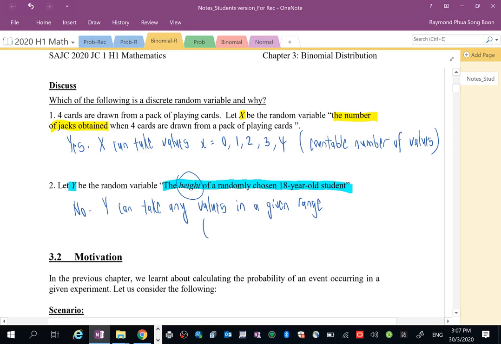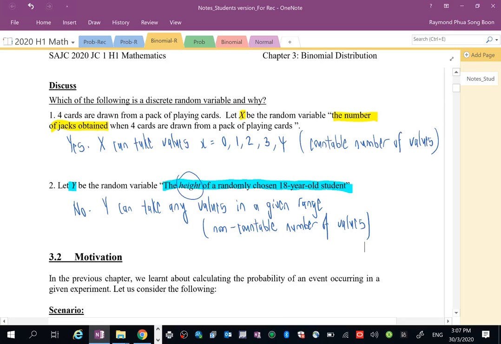So, therefore, it is a non-countable number of values. All right. So, for example, the height may not be natural numbers. The height of a randomly chosen 18-year-old student may be 172.3 cm. So therefore, this is not a natural number or a whole number, and therefore random variable y is not a discrete random variable.